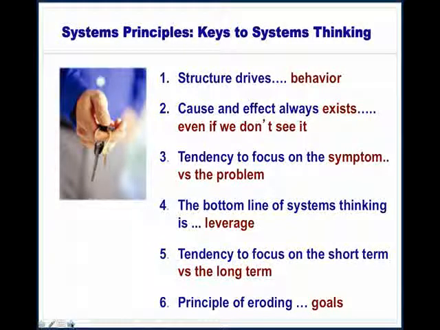If you understand this principle that structure drives behavior, the first question systems thinkers ask isn't who is to blame. The first question is, what about our process allowed this to happen?